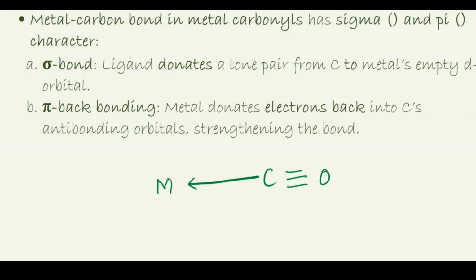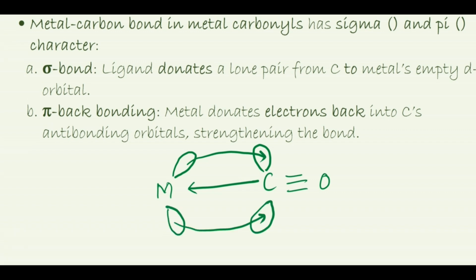Once it is formed, the metal has some electrons, right? And the ligand will have some empty orbitals. So from here the metal donates the electrons back, like a return gift. What is the use of this type of bond? It gives extra stability. Whenever the extra bond happens, that gives extra stability to the complex.